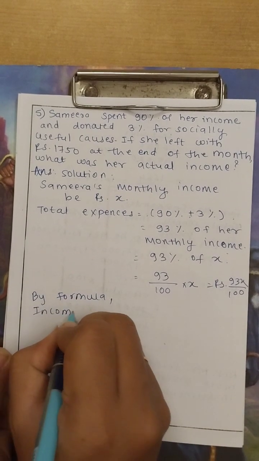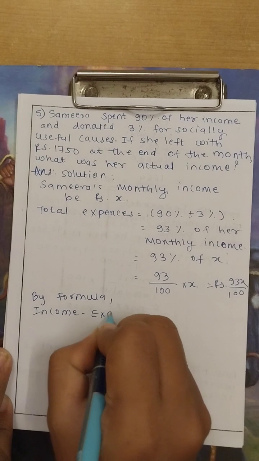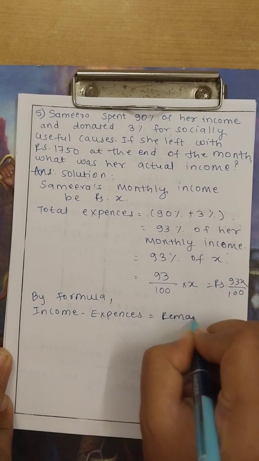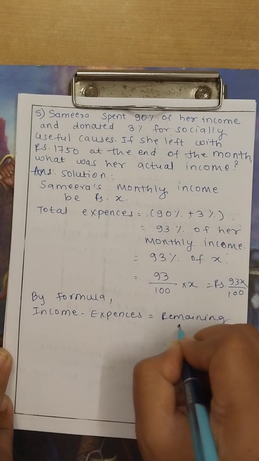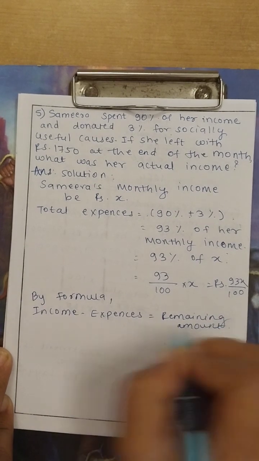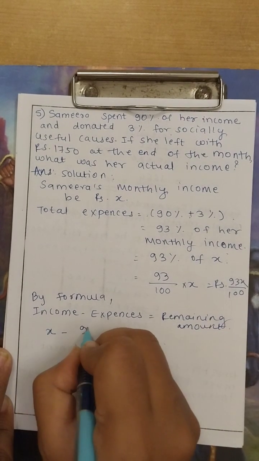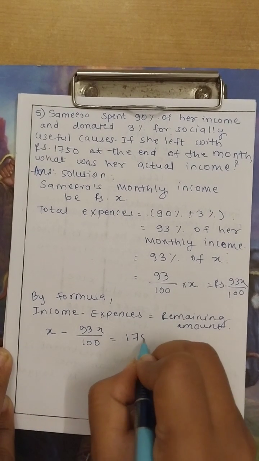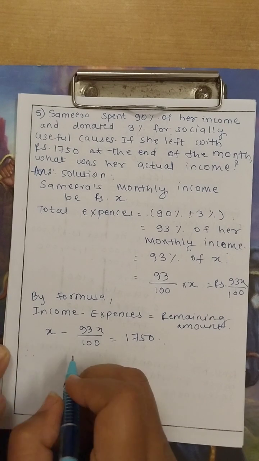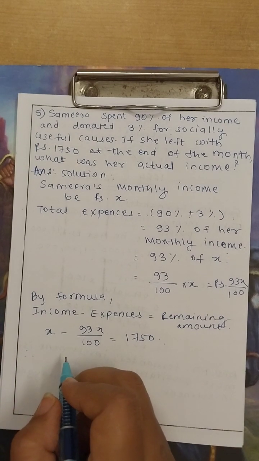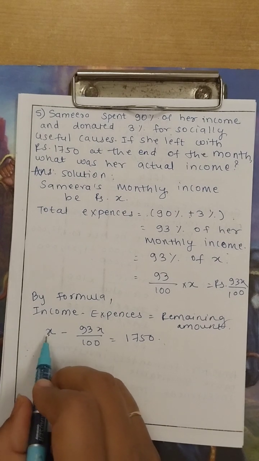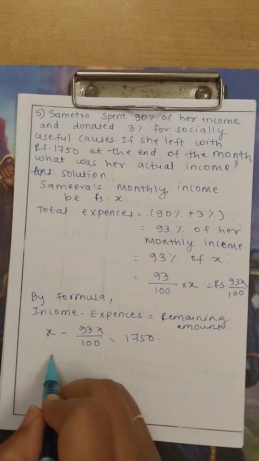income minus expenses is equal to remaining amount. Income is X, expenses is 93x upon 100, which is equal to 1750. We have to do this: you have to multiply this side, numerator and denominator, by 100.